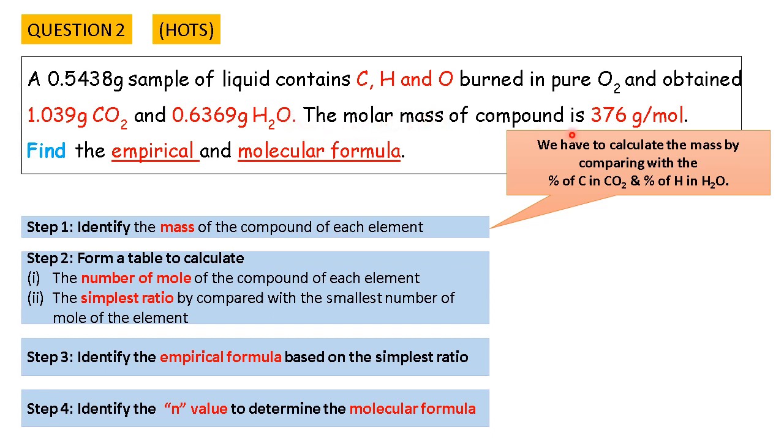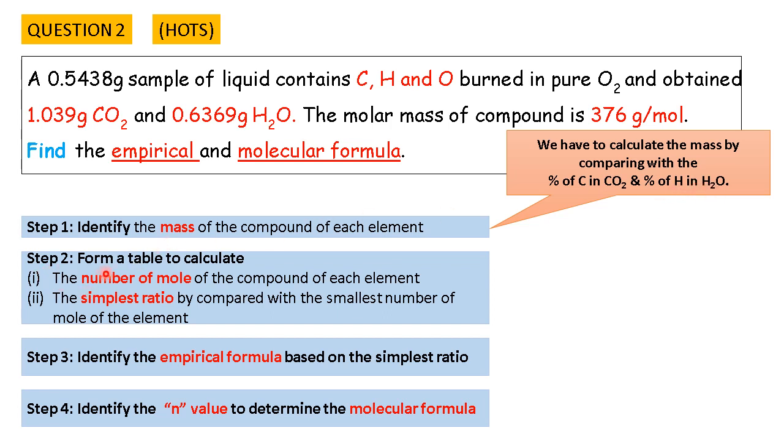Given molar mass is 376 gram per mole, and the question needs us to find the empirical and molecular formula. Actually the steps are still the same, just in step 1 we need to apply another method to determine the mass of each element. So we have to calculate the mass by using the percentage of carbon in carbon dioxide and the percentage of hydrogen in water.